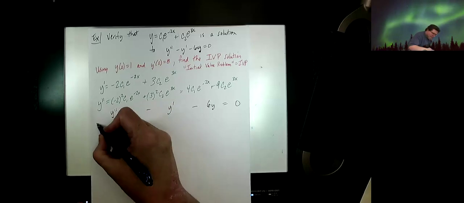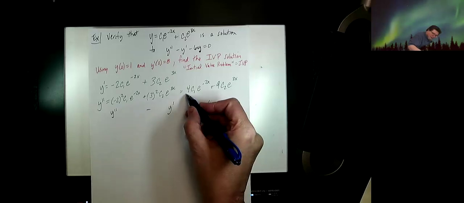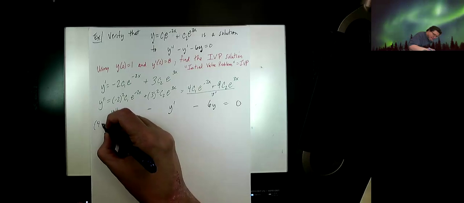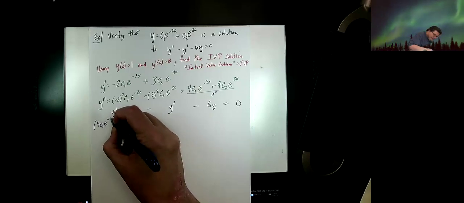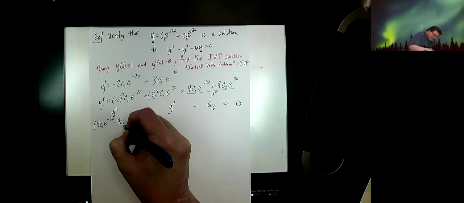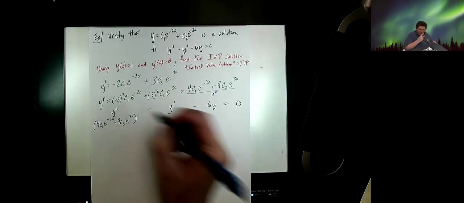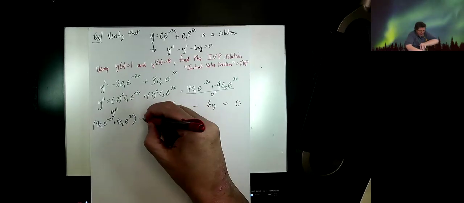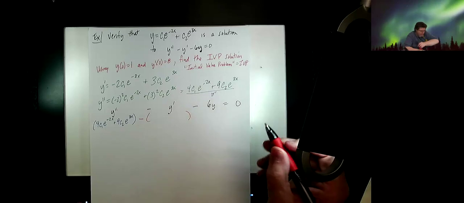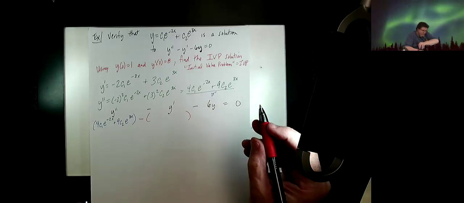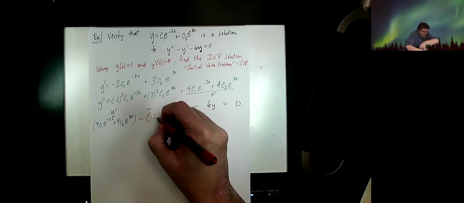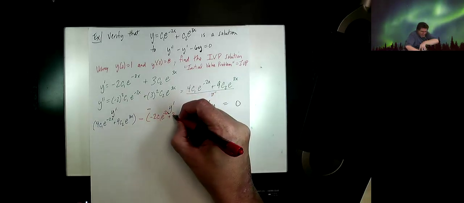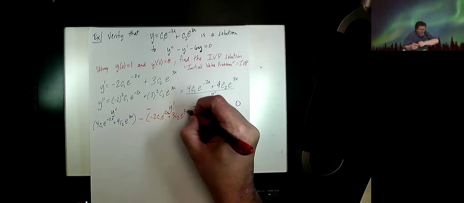All right, so plug in what we got. This was my y double prime. So this is 4C1 e to the -2x plus 9C2 e to the 3x. And then I'm doing minus, and I'm going to use parentheses so that I can just plug it in and distribute afterwards. -2C1 e to the -2x plus 3C2 e to the 3x.